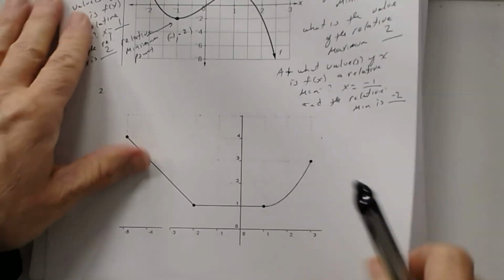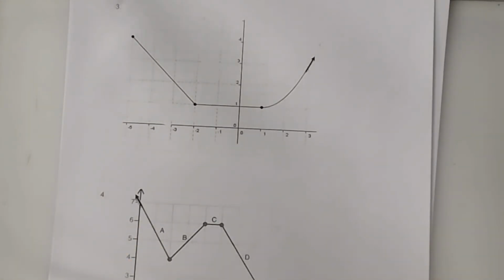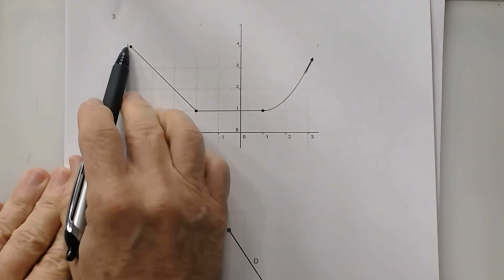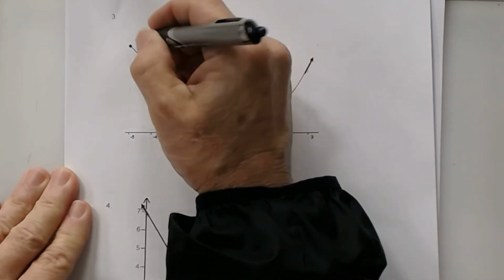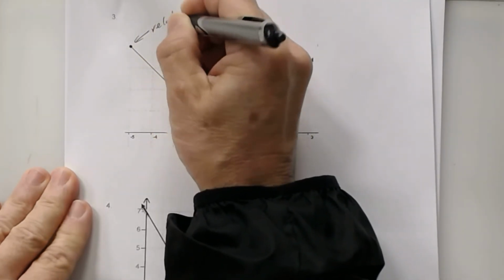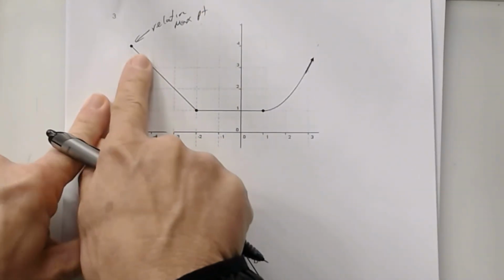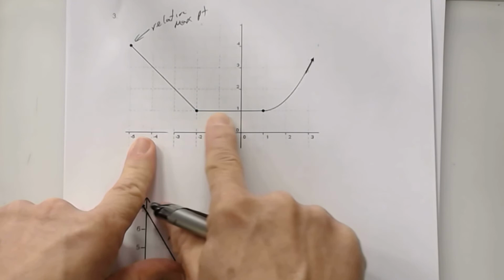All right, let's look at number 3. All right, now listen carefully to that one. You see, this is not an error right here, so you can consider this a what? Relative max. Then it's decreasing, decreasing, decreasing, and all of a sudden it changes to what?